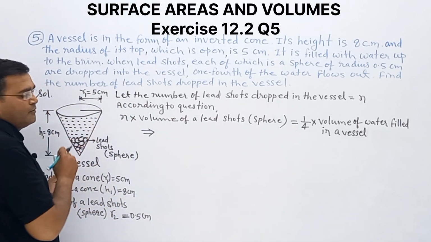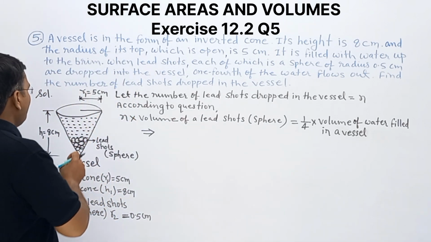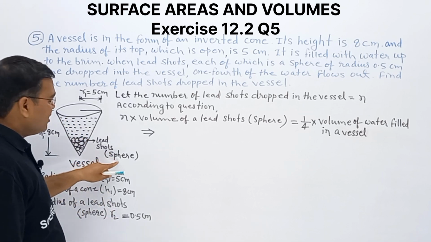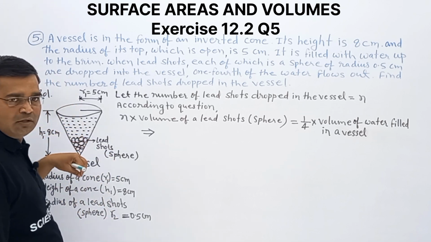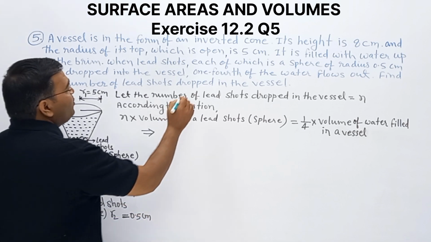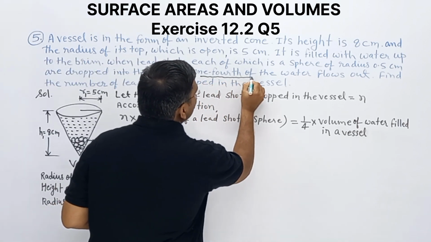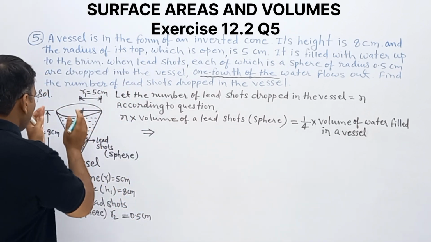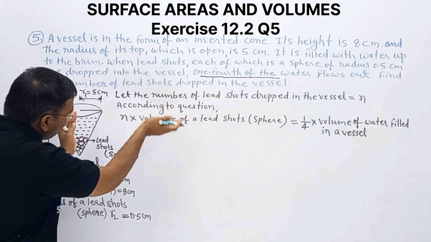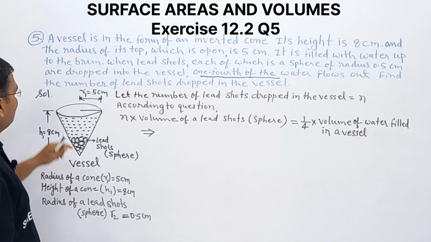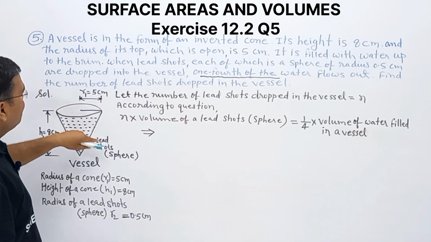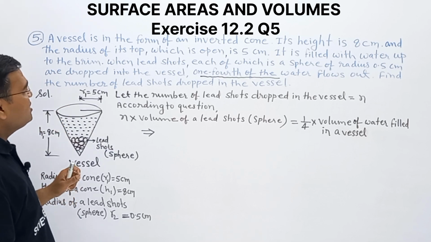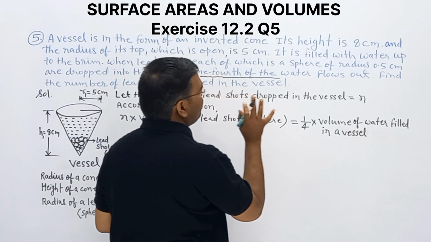Once we drop these lead shots, which are in the shape of spheres, then 1/4 of the total water flows out. Clear? So this is the condition we have.